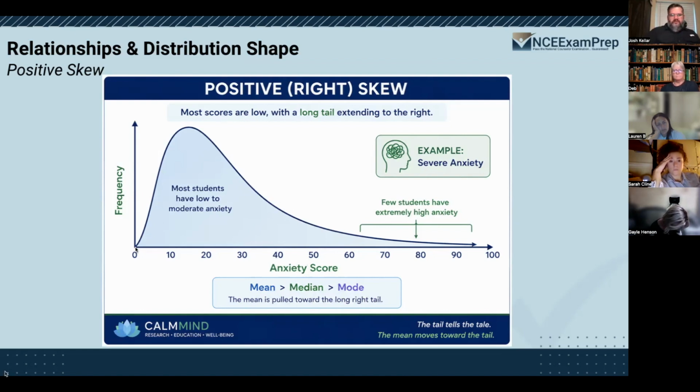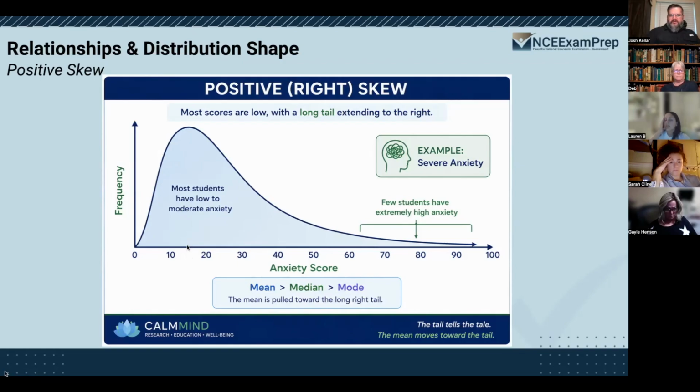If our scores range between 0 and 100, let's say we had a score of 0, we had a score of 100, what's our median going to be? We'll be right here in the middle, like 50, right? 50, yeah. But what about the mode though? We don't know exactly what the mode is, but if we had to guess based on this, where is our mode? If we were to draw a line going straight down from the peak of our curve.